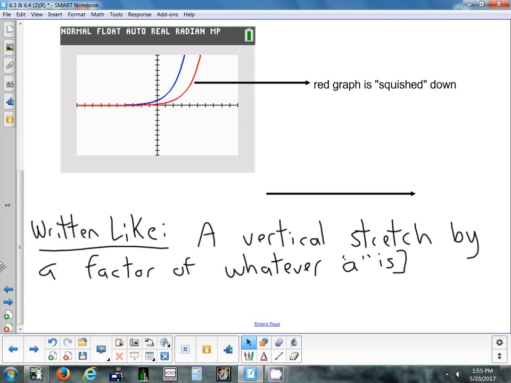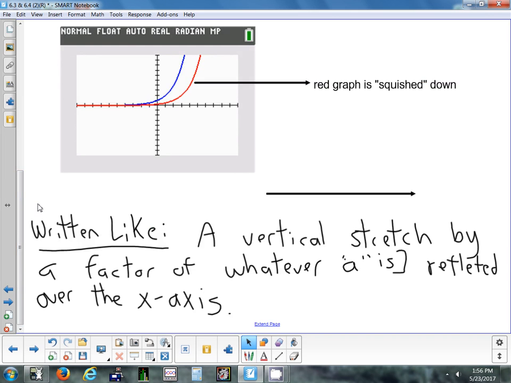Well, it's going to be the same thing, guys. Vertical stretch by a factor of whatever a is, reflected over the x-axis. So the big difference is whether it's the ones we looked at yesterday or the ones we look at today. If the number in the a spot is negative, you're going to have two parts.